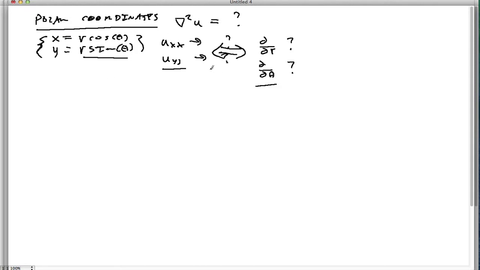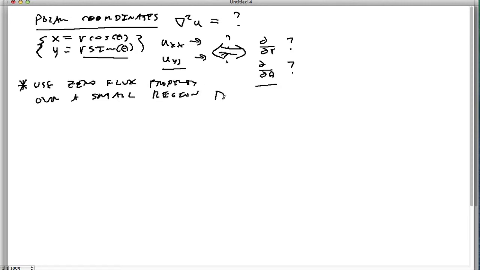So instead, our goal here is to use the zero flux property over a small region, which I'll call D, to discover what this Laplacian is in polar coordinates. Okay, so that's the goal.